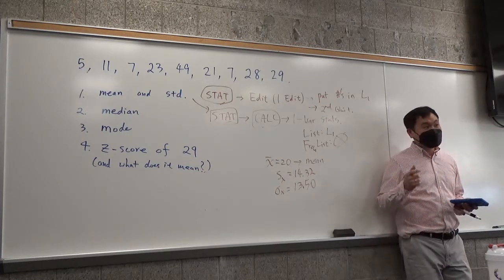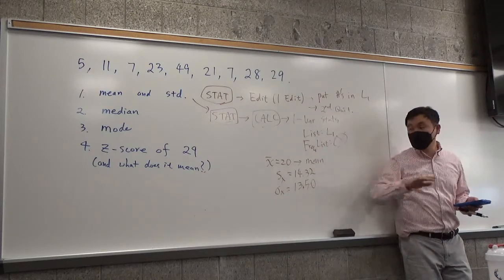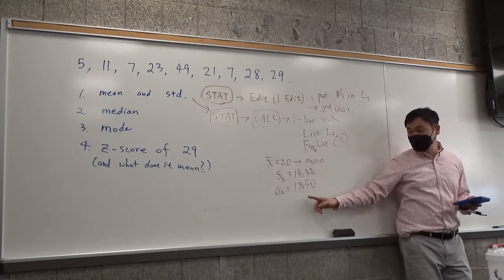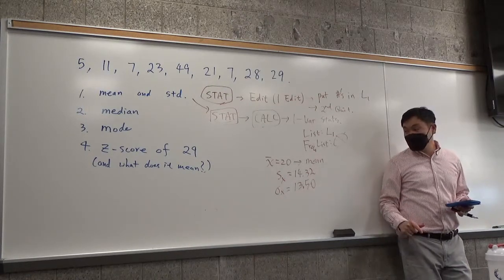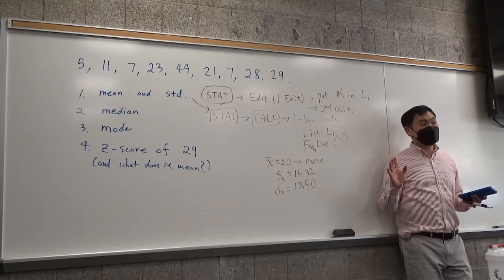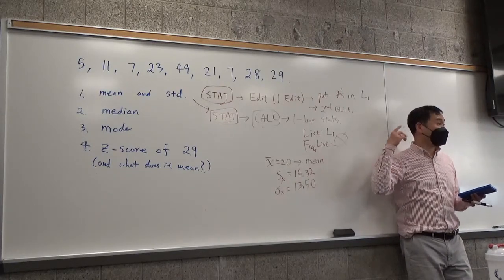So if you are thinking about how this data itself is spread out, you use this measurement, standard deviation. However, a lot of times, your purpose is not just about the sample. You want to know something about the entire population.